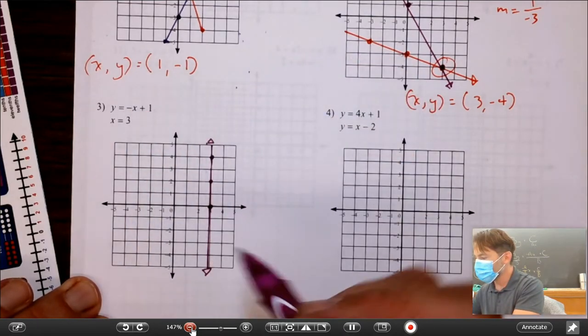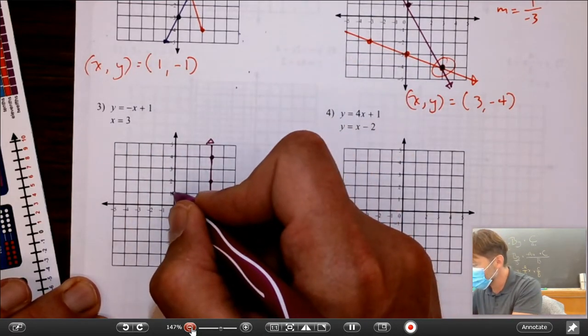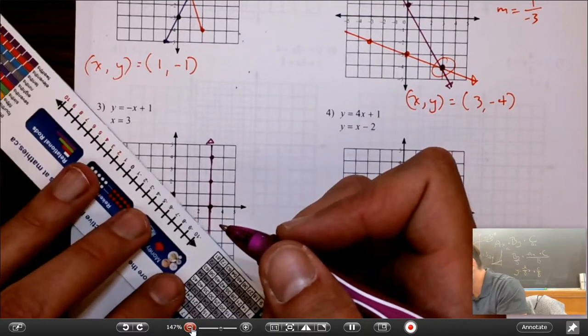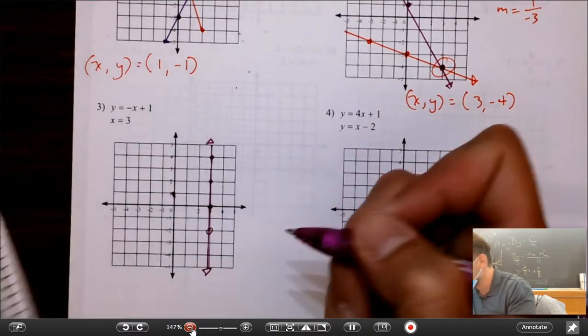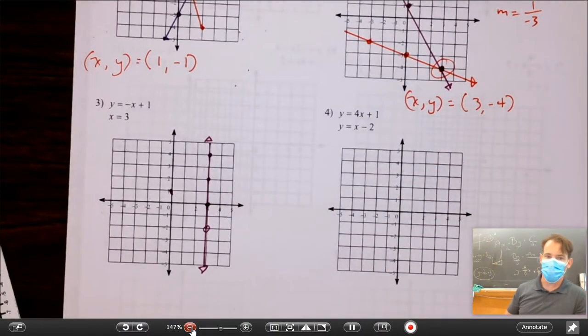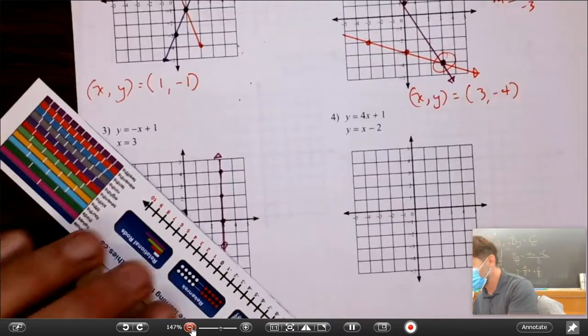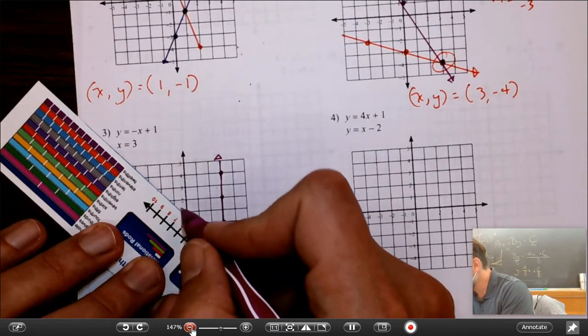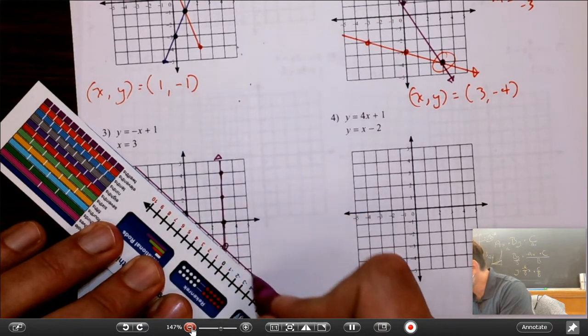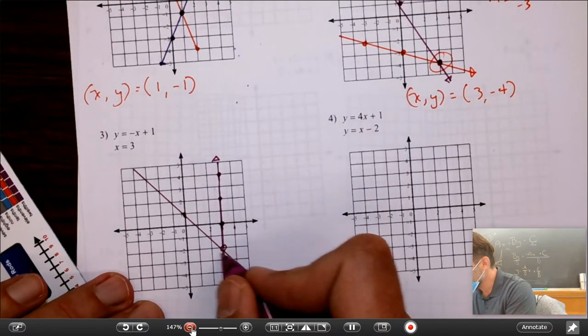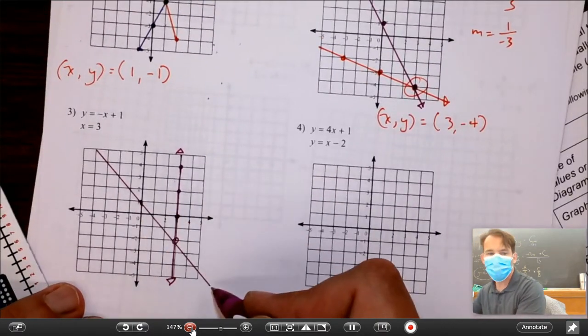And then the line y is equal to -x plus 1. So it has this b here, and then it's a -x, so it goes down here. I see that this is my intersection. You can go ahead and do that one on your own, but I promise you, you're going to find the line goes through here. Boom. Intersects right there. How did I know that?